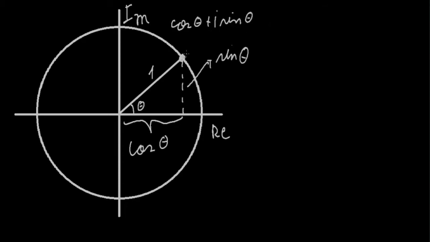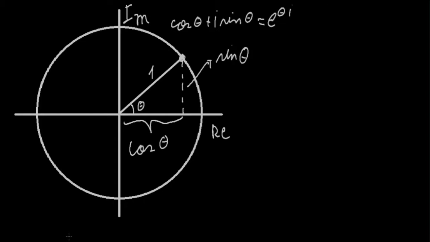So any number in the complex unit circle can be denoted as cosine of theta plus i times sine of theta, and this is just, given by Euler's formula, e to the theta i. So we can denote any number in the complex unit circle as e to the theta i, where theta is whatever angle that number finds itself in.